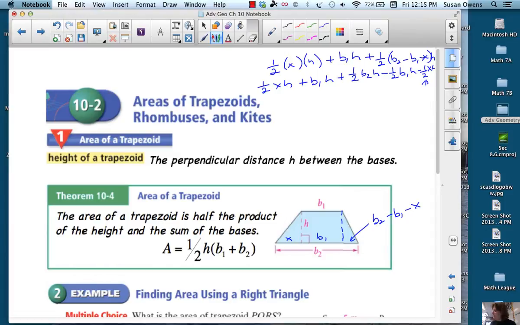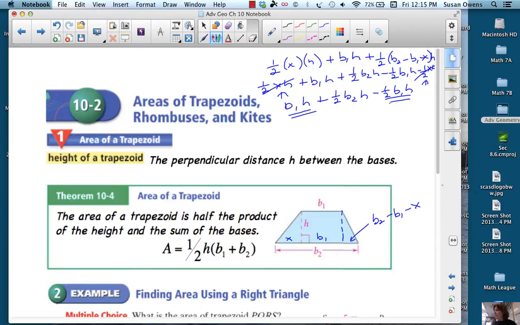Well, if you look here and you look here, you'll see that the terms involving x cross out. And so what I end up getting is b1h plus 1/2 b2h minus 1/2 b1h. Well, I can take the two terms that involve b1h and put them together.